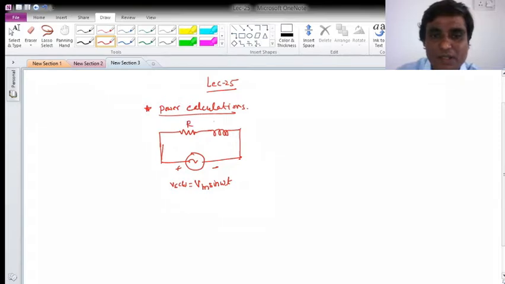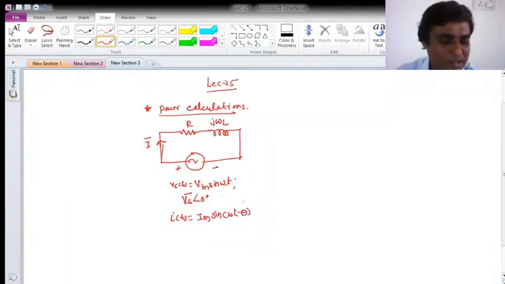This was my R, this was j omega L, and this is my current phasor, and I will also call this Vs phasor with angle 0 degree. We have obtained the steady state current, which was Im sin omega t minus theta. As we know, it is lagging.